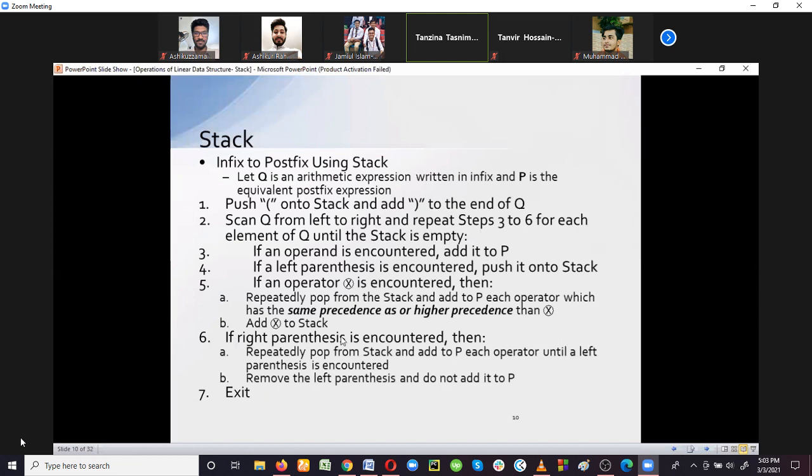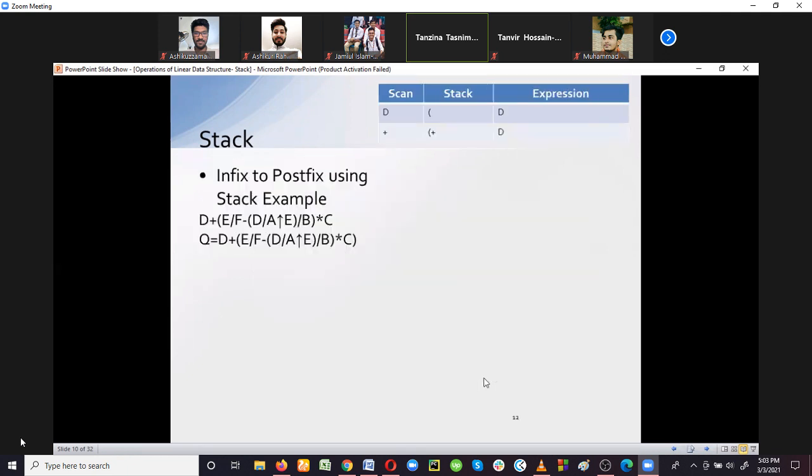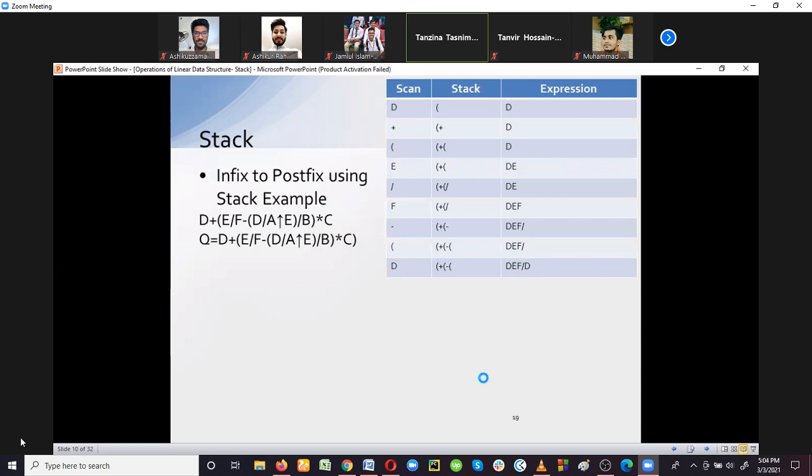Okay, now the next step is, if right parenthesis is encountered, then repeatedly pop from stack and add to p each operator until a left parenthesis is encountered. Then remove the left parenthesis and do not add it to p. So just look at this step. When you got a right parenthesis from this infix notation, at that time just pop all the operators from this stack until a left parenthesis comes.